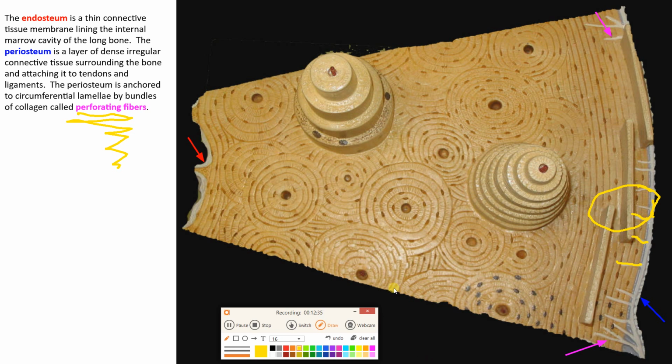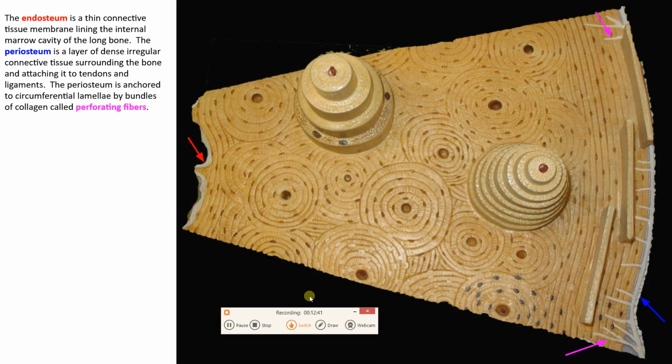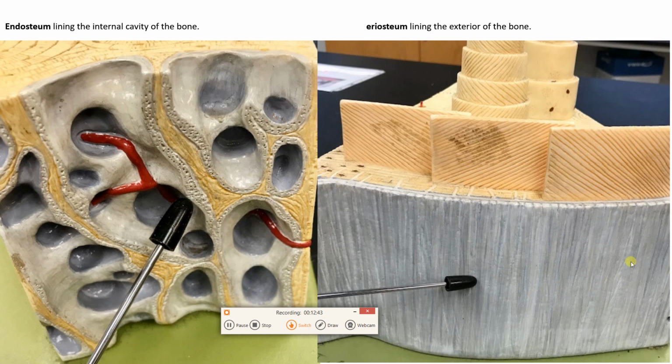Okay, we're getting to the end of this model, I swear. Only a few more things to do. I've rotated the model to show you the periosteum on the exterior of the bone. And look at that up there. Whoever made this made a terrible mistake. It's missing a P. There we go. Periosteum. On the exterior, endosteum on the interior.